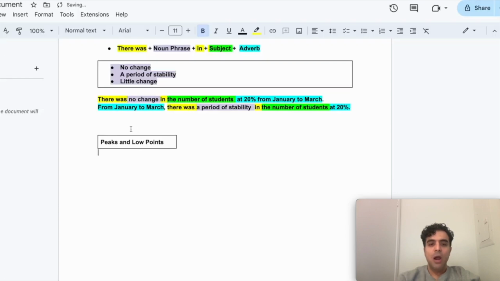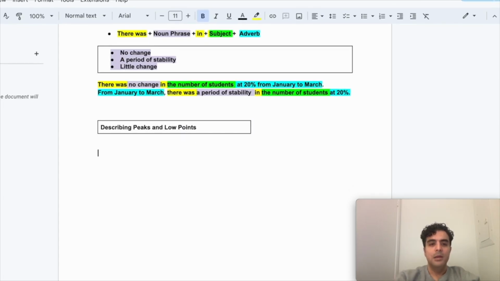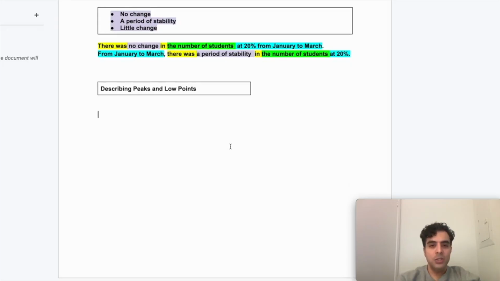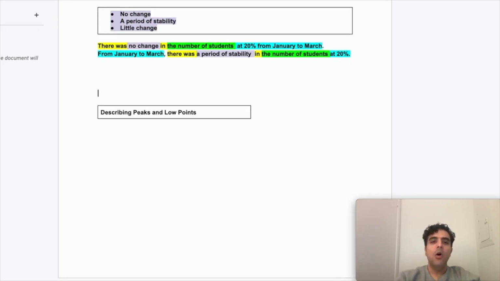So we are describing peaks and low points. All right, so we know what the structure is going to look like, and all we have to do is review the format that goes into the verb phrase construction that we'll be using.